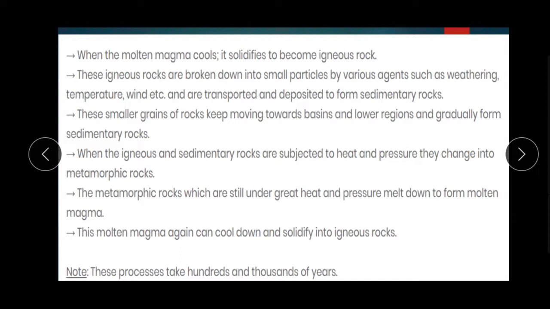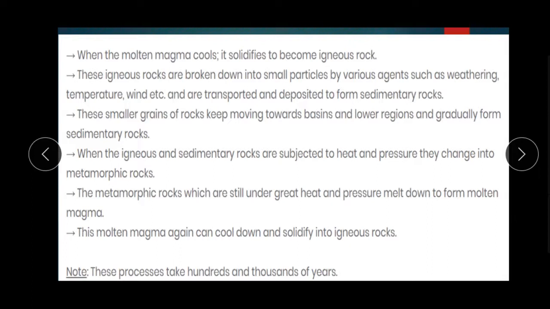Then the sedimentary rocks, and igneous rock also, when these rocks undergo heat and pressure, they change into metamorphic rock. Then this metamorphic rock again undergoes heat and pressure and melts down to form molten magma. Then this molten magma again cools down and forms igneous rock.